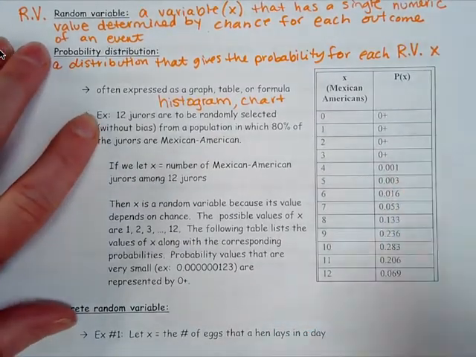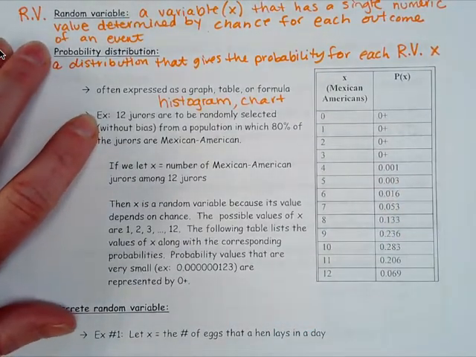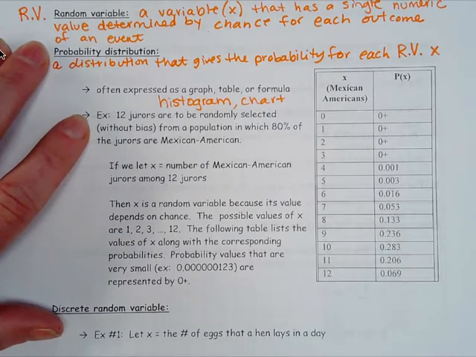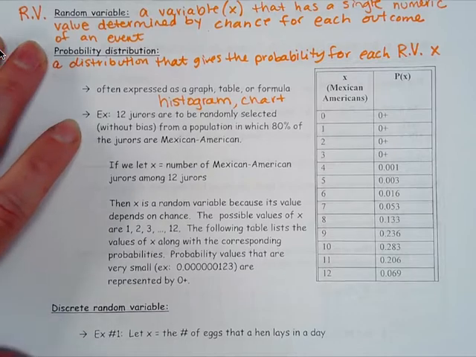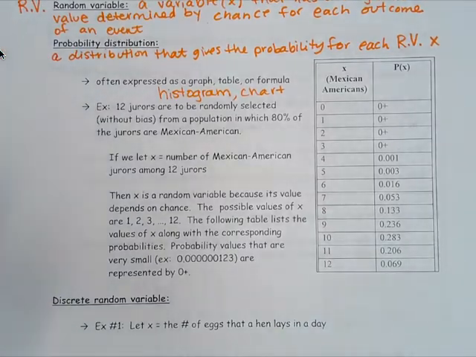So the example is 12 jurors are to be randomly selected without bias from a population in which 80% of the jurors are Mexican American. So there's some kind of court going on. So we've got to select the jury, and you have 12 that need to be selected. And so this is the probability of how the jurors will be selected.